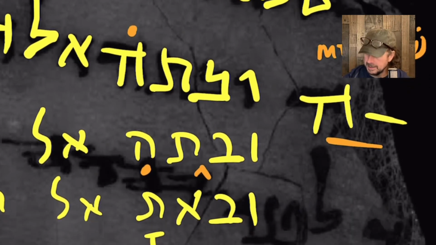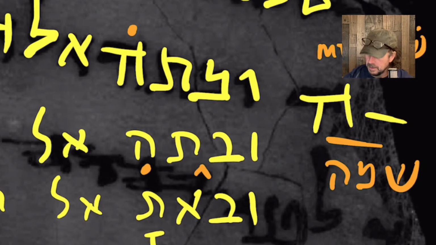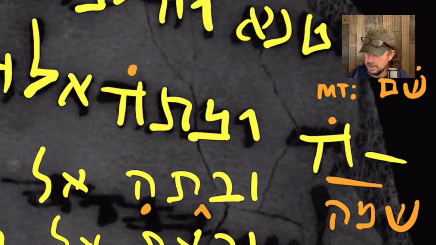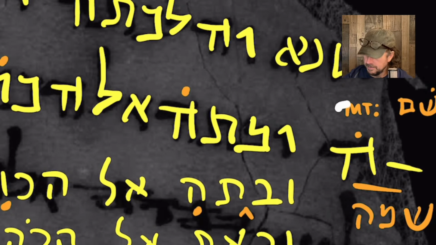It is likely that, because sometimes there's what we call a locative hey at the end, the Qumran text probably had shin, mem, hey, shama. So that hey then is another letter that sets this text apart from the Masoretic.